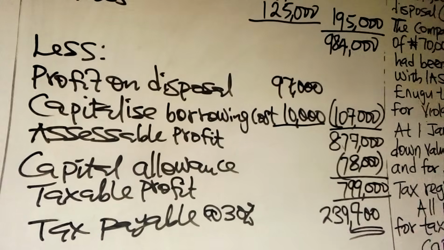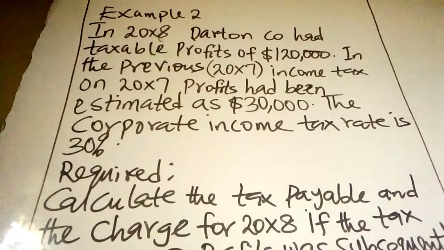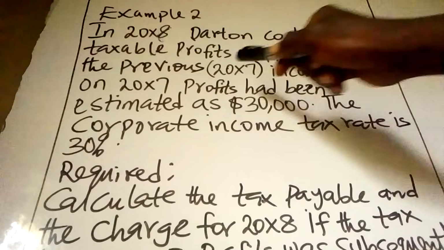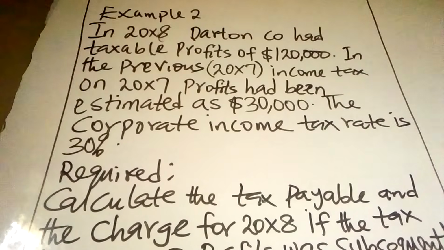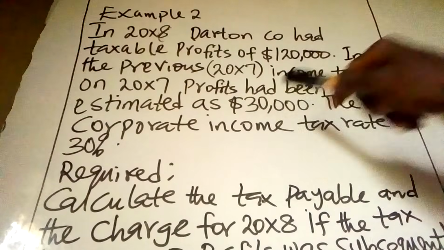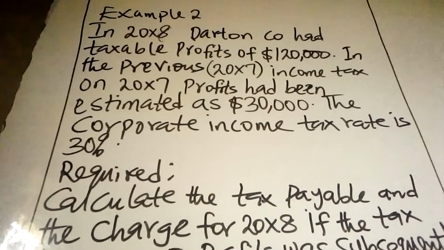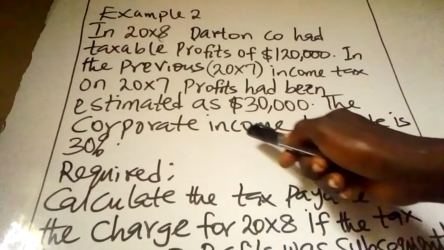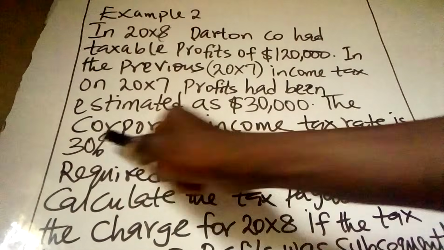Now example 2. In 20x8, Datin Co. had taxable profits of $120,000. In the previous year, 20x7, income tax on 20x7 profit had been estimated as $30,000. The corporate income tax rate is 30%.